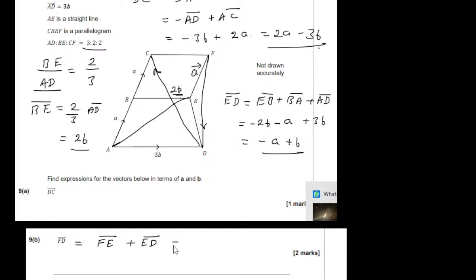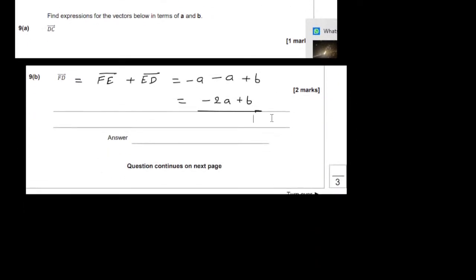FE is minus A and ED is minus A plus B. So this will become minus 2A plus B. So minus 2A plus B is your FD. Okay, this is your question number 9.